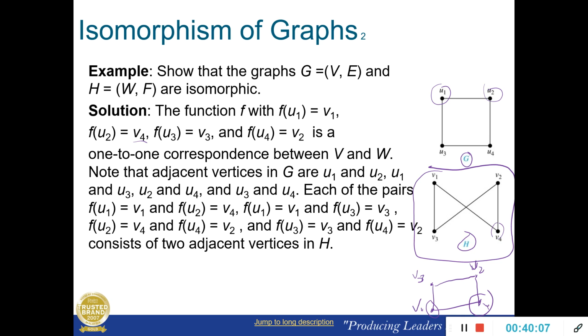To determine whether the graphs are isomorphic or not, you have to investigate whether each vertex is similar. A vertex of graph number 1 is similar to a vertex of graph number 2, and so on. You can also investigate the adjacent vertices. The adjacent vertices of G are U1 and U2, U1 and U3, U2 and U4, and U3. Function U1 is equal to V1, function U2 is equal to V4, function U3 is equal to V3, and so on.